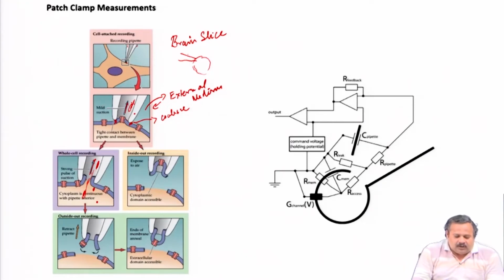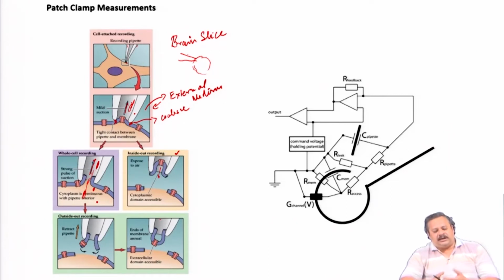Similarly, there are a few other configurations of recording. As you can see here, this is what we call inside out recording, where the inside of the membrane is on the outside of the pipette. Here it is an outside out recording, where you break in and actually coalesce and make the inside of the membrane attached towards the inside of the pipette, and so accordingly the internal solution has to be adjusted.